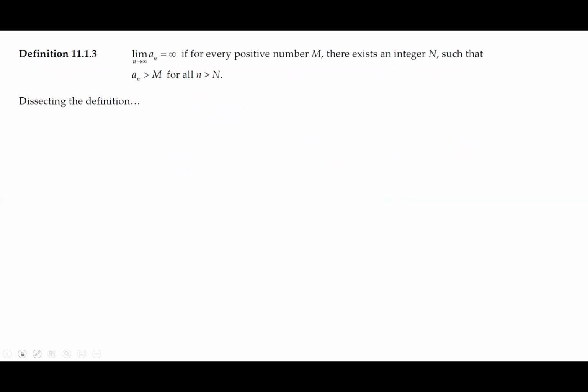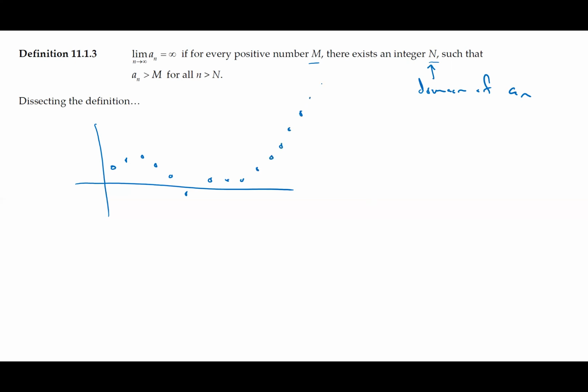Well, that means that for every positive number M, I can find an integer, and remember, think of this as an integer from the domain of my sequence, such that all my sequence values are greater for anything past that large N, a capital N. In other words, let's say we've got this sequence, it's doing its thing, and then all of a sudden it starts to blow up.